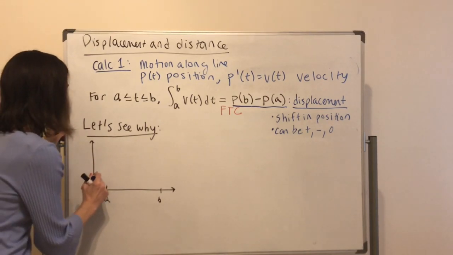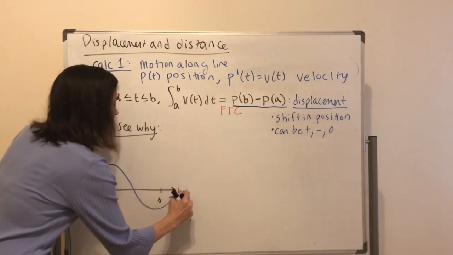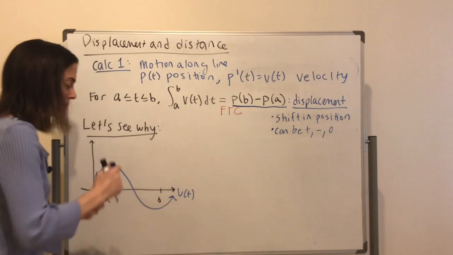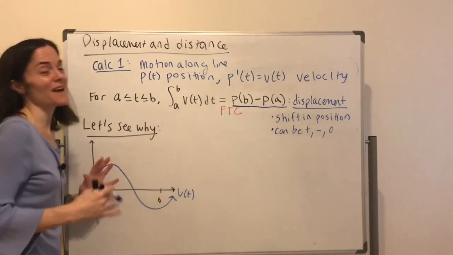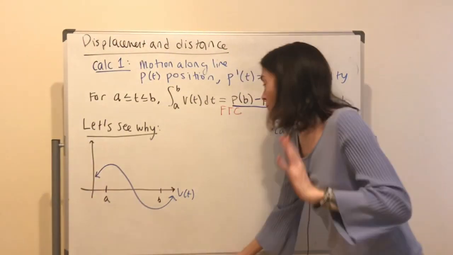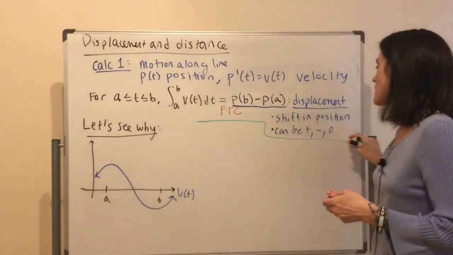Okay, so let's say I have some velocity function here. We know the velocity can be both positive and negative, even with my little running back and forth example. Here is my velocity function. Now, I will do a Riemann sum here. So what am I going to do? Maybe I will separate this.